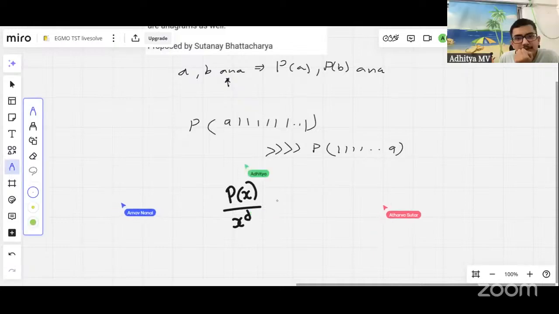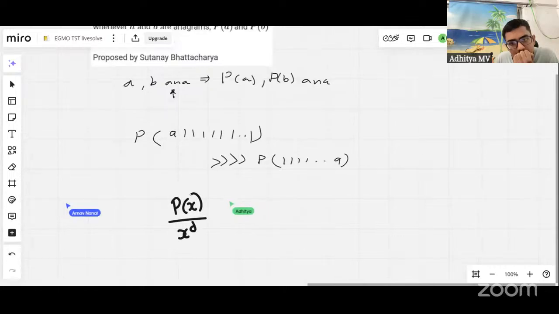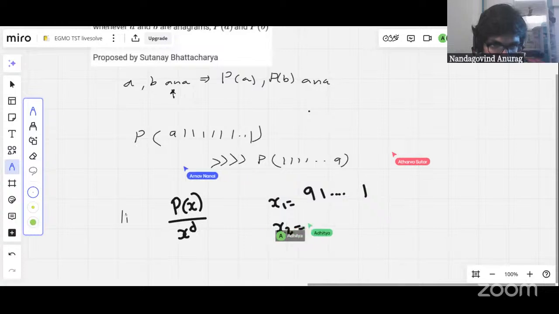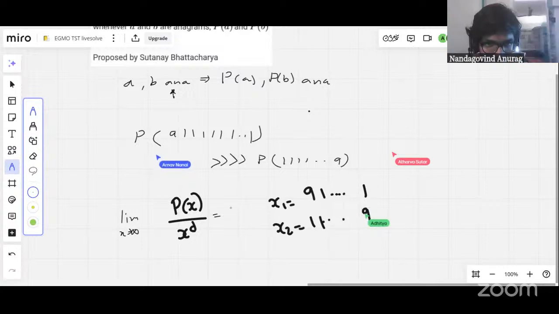If you take these two large numbers, like x1 is 91111, then basically the limit as X approaches infinity equals a constant, which is a_d, the leading coefficient.